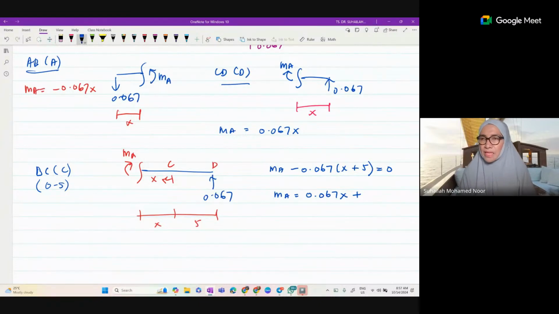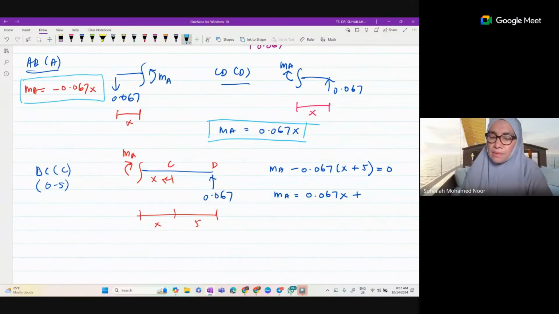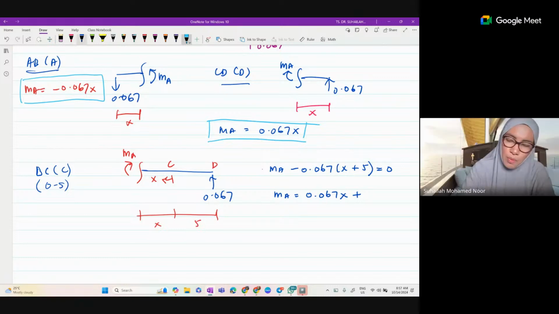Times 5, what is the answer? 0.067 times 5, please calculate. Come on quickly. 0.335.